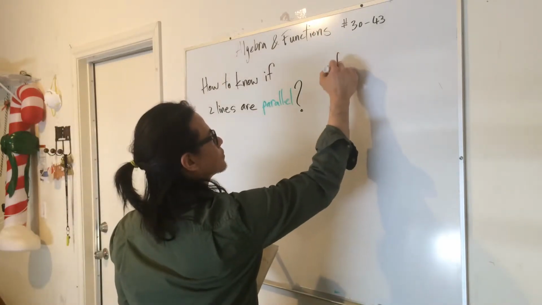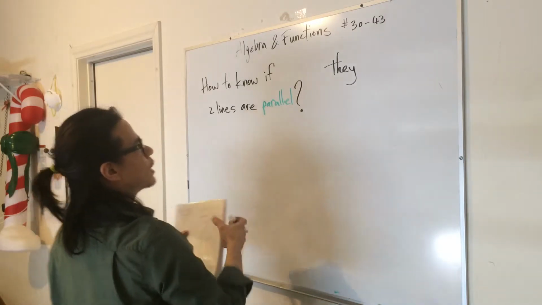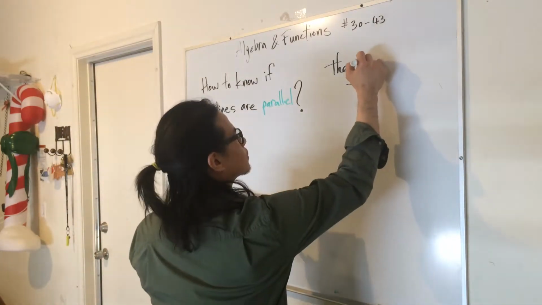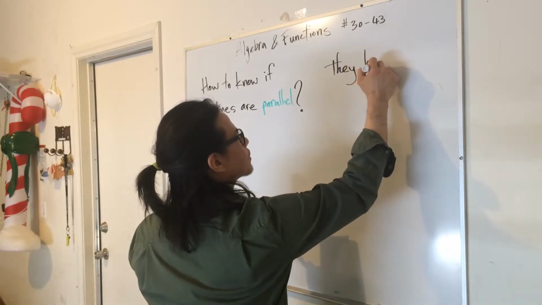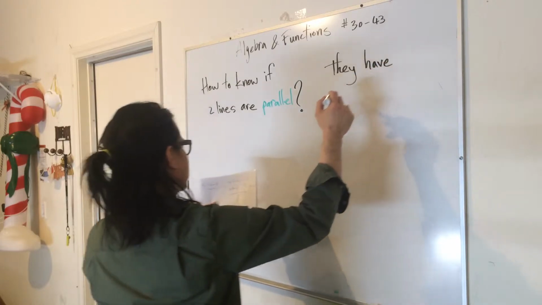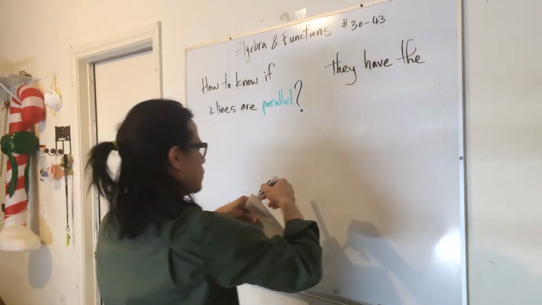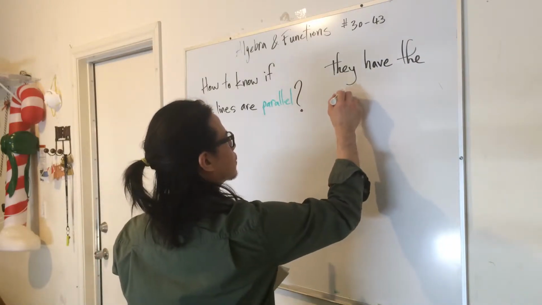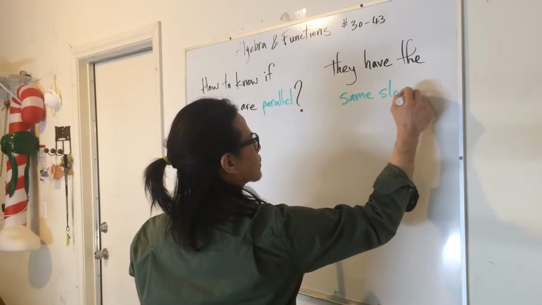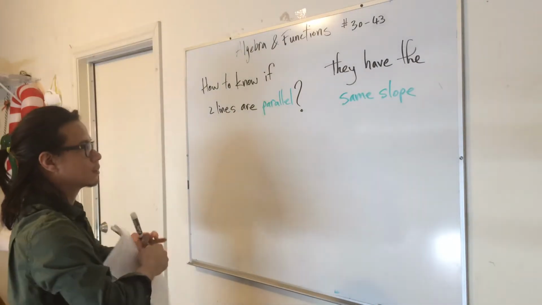These 2 lines will have the same slope. So parallel lines have the same slope. So let's prove that.